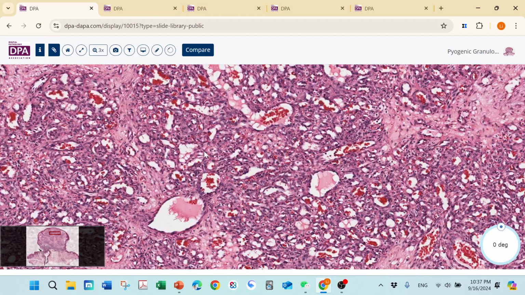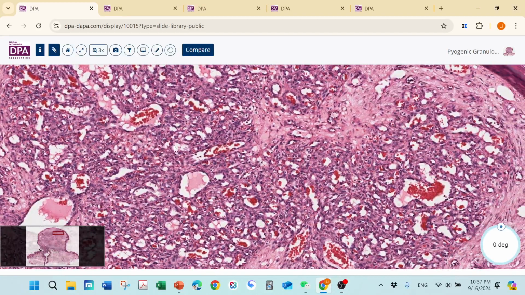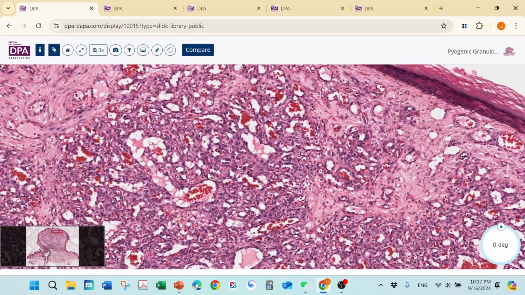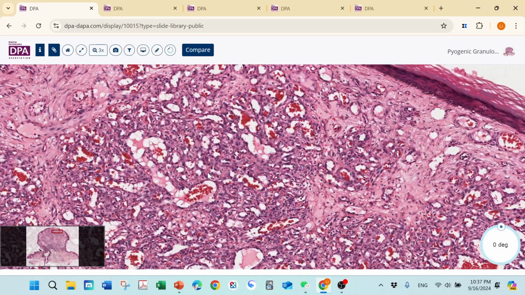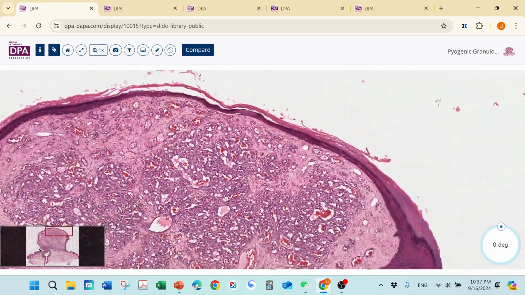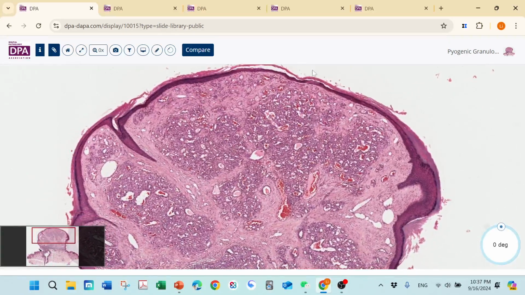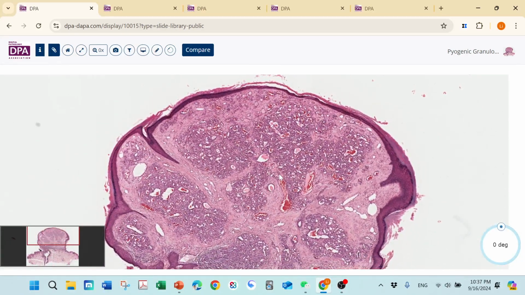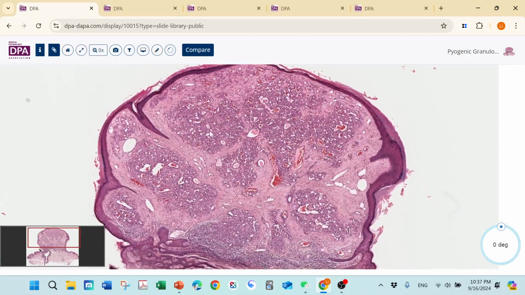Usually you can see it in HIV or other immunosuppressed patients. One clinical feature: in pyogenic granuloma, you usually see a single lesion. In bacillary angiomatosis, you will see multiple lesions.